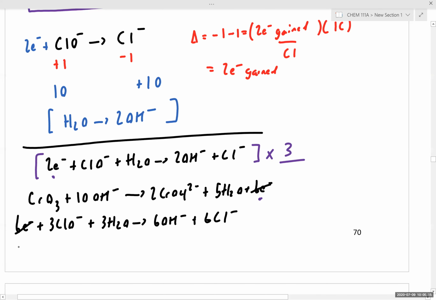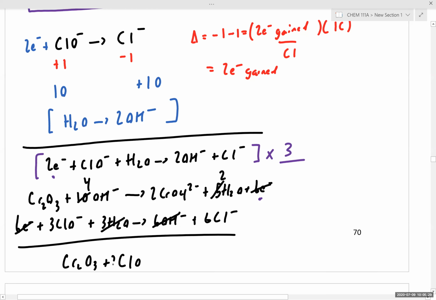Our electrons cancel. We cancel 6 hydroxide from each side. We cancel water from each side. That gives us chromium 3 oxide plus 3 hypochlorite plus 4 hydroxide leads to 2 chromate plus 6 chloride plus 2 water.